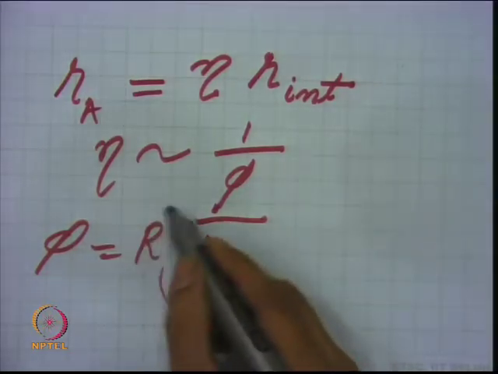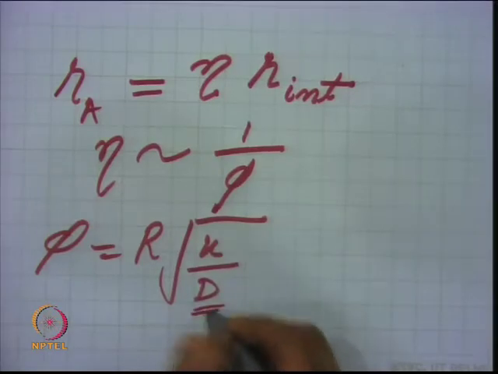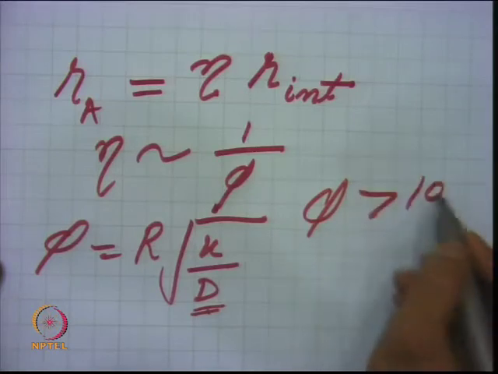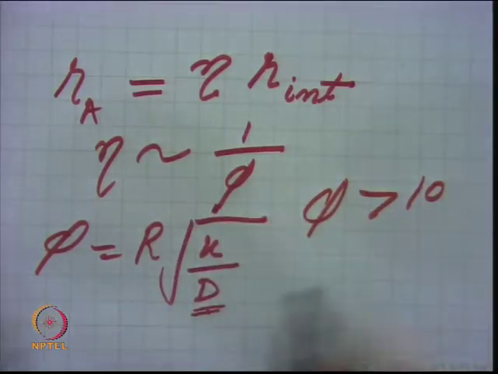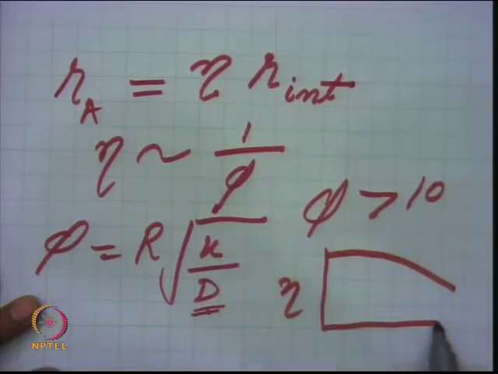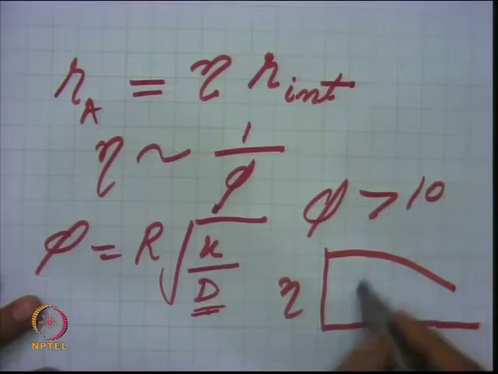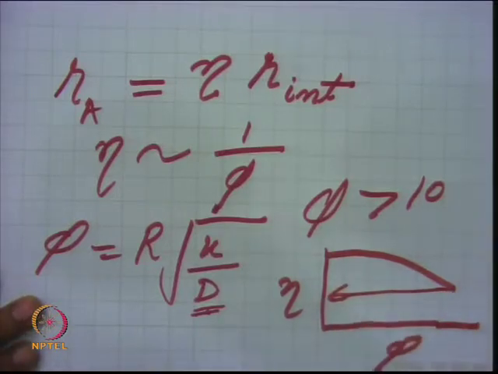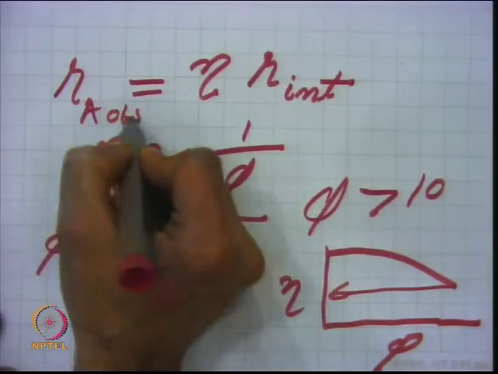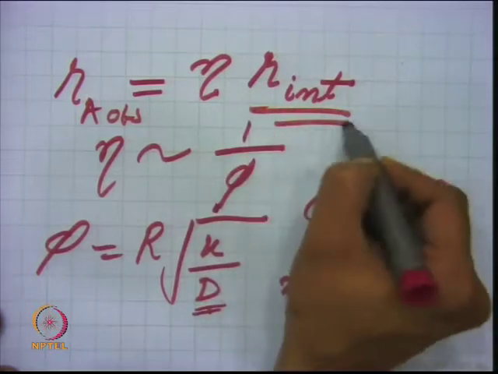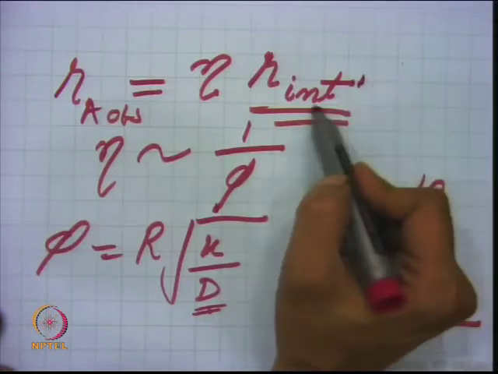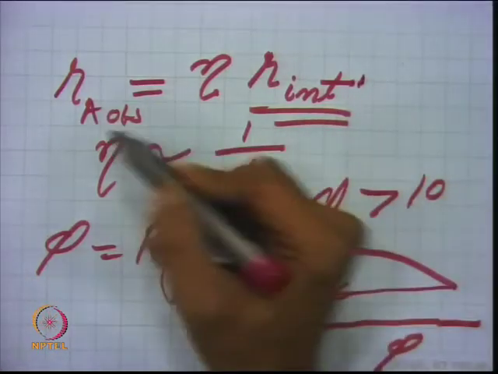Generally this Thiele modulus is a large number, it may be 10, it may be 20, and because of this the effectiveness factor eta decreases like this as a function of phi. When you have a high value of phi, the effectiveness factor goes down, so your actual observed rate will reduce drastically compared to the rate where there is no diffusion resistance. Intrinsic rate means the rate when there is no diffusion resistance.